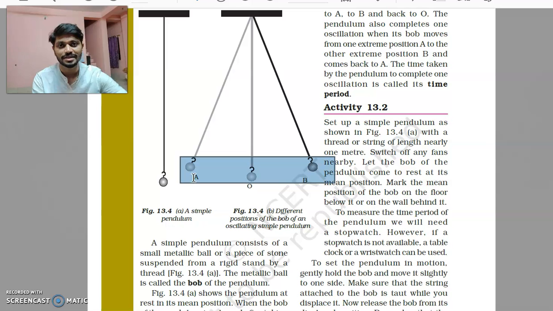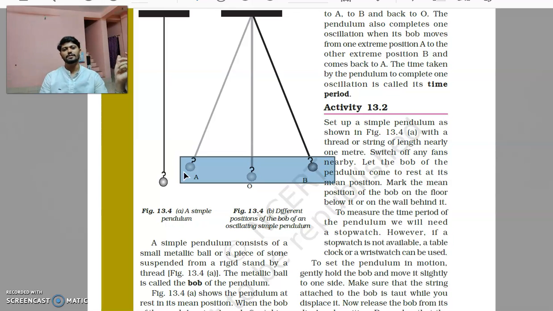It is not in your syllabus, but maybe in your coming standards you will learn how to calculate the time. But the time that the bob takes to move from A to B and B to A is called its periodic time. It's called the time period.